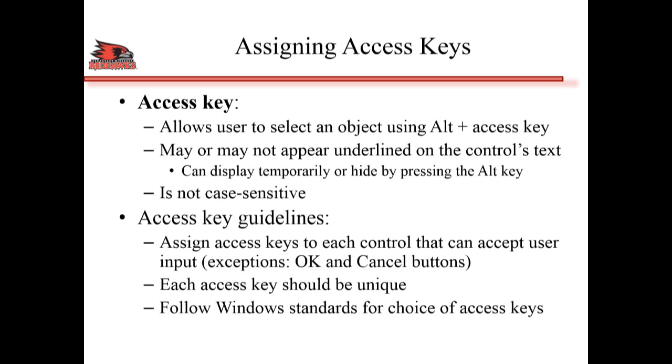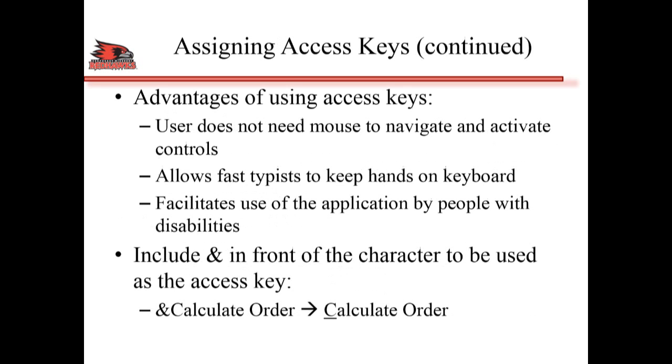So make sure that each control you have assigned an access key to is unique. We will generally follow Windows standards for our choice of access keys, meaning that the File menu will have Alt plus F, or F, as its access key. So we will follow the Windows standards in selecting our access keys.